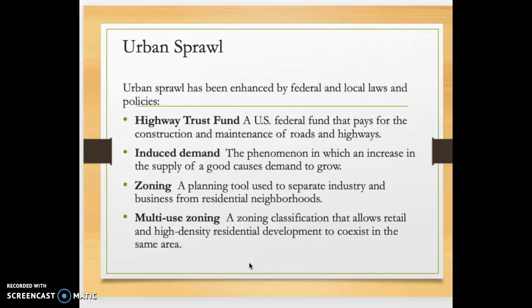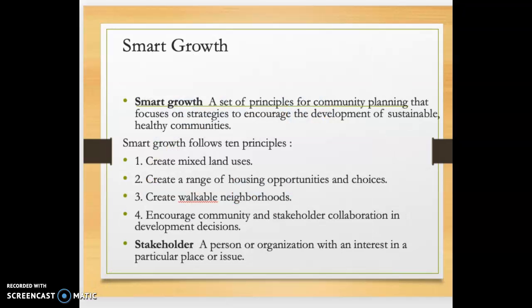So you can go to restaurants on the first floor, but then when you go to the second, third, fourth, fifth, sixth floor, you will find residences in place. And so it encourages such things as walkability, community, good use of land. So you're using less of a footprint to solve more land use approaches. And so multi-use zoning has become extremely popular in recent years.